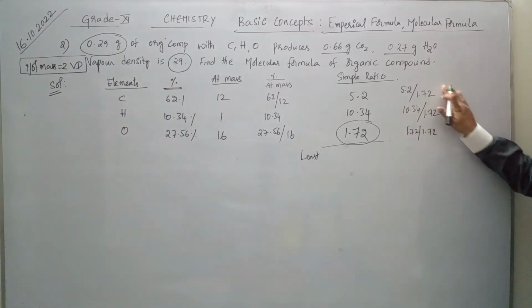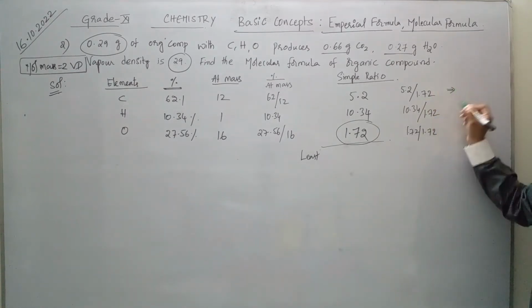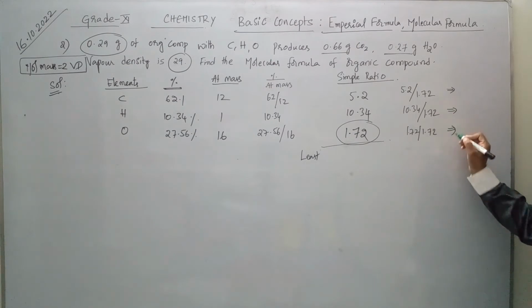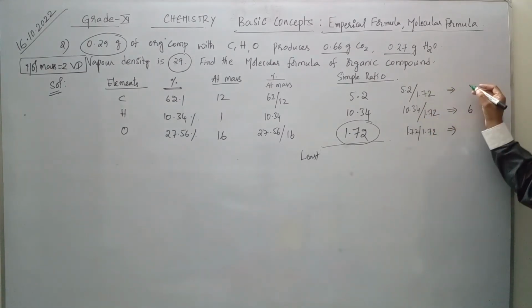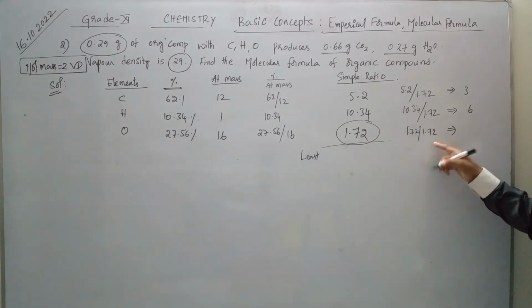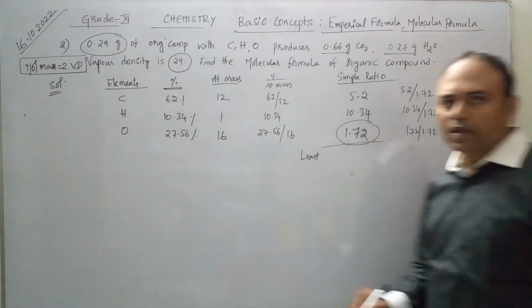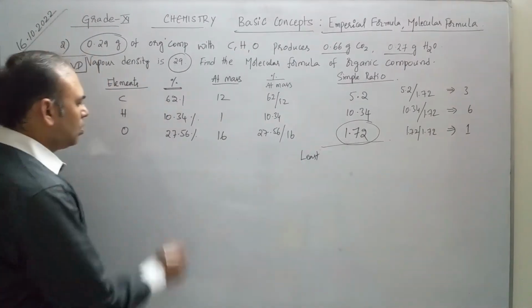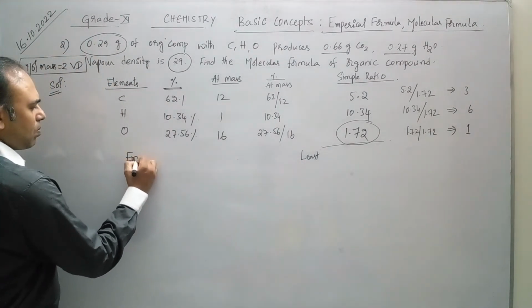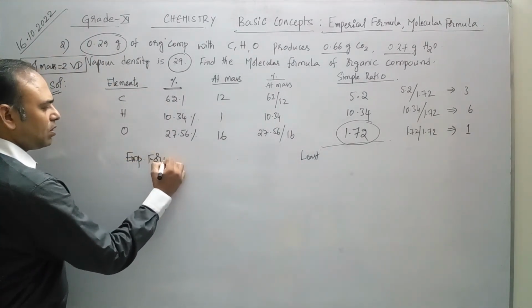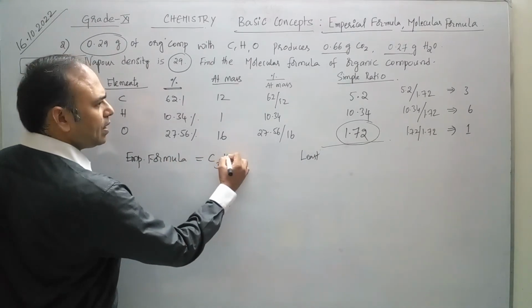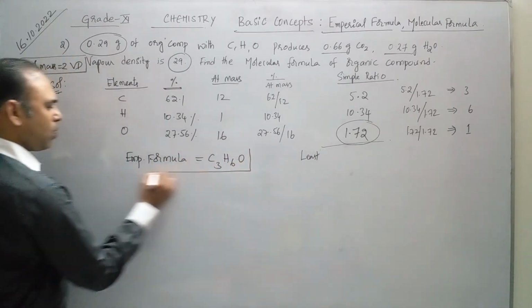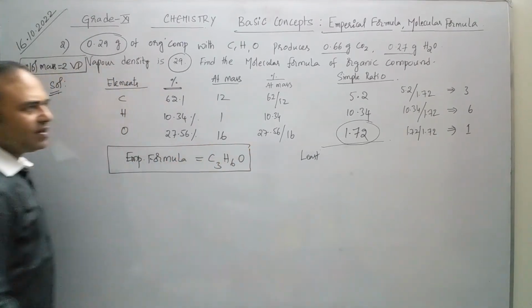So now we can say what values we are going to get. This will be roughly 3, this is around 6, and this is 1. So we got 3, 6 and 1. Therefore the empirical formula we get is C3H6O. We have done the first step.